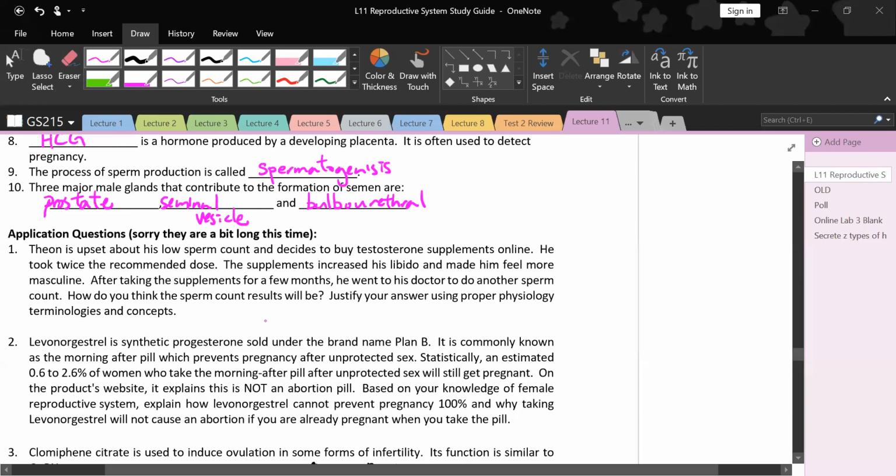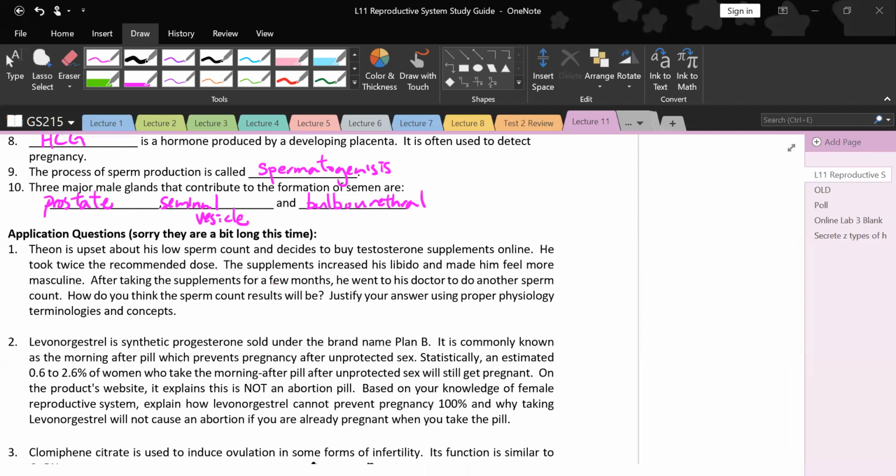So what do you think? Do you think he's going to have normal sperm count, high sperm count, or even lower sperm count than before? What do you think? And why? Right, that's probably more important. Okay. Let's do a vote. Let's see what you guys think.